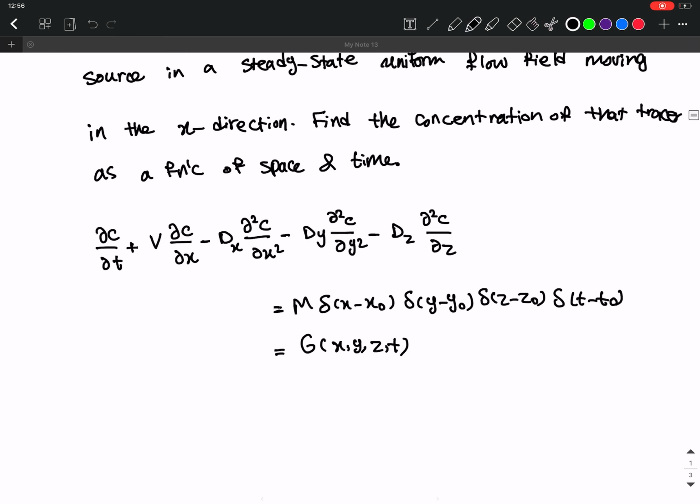So the initial conditions are x0, y0, z0 is the initial location of the point source.